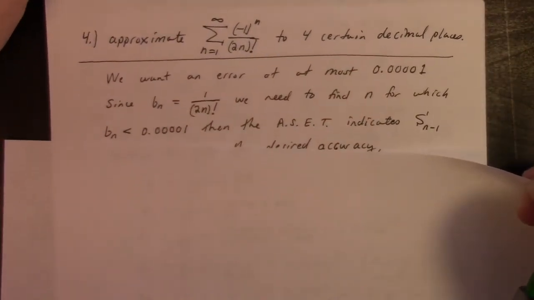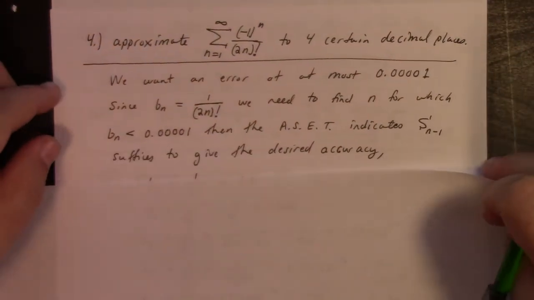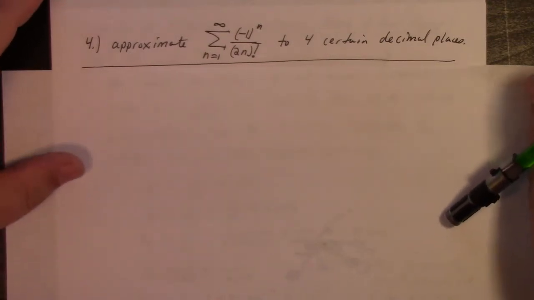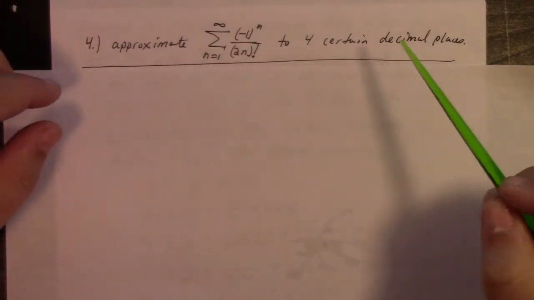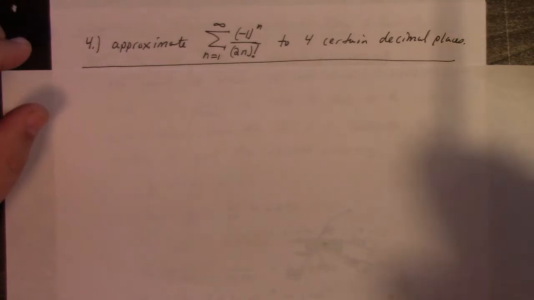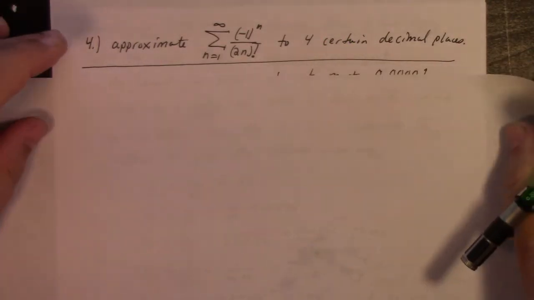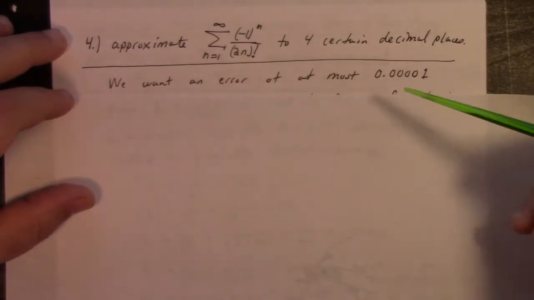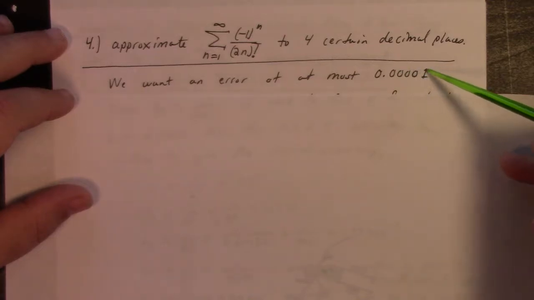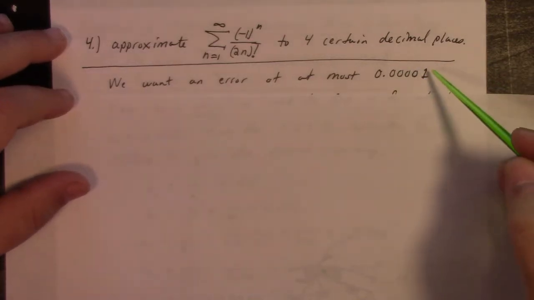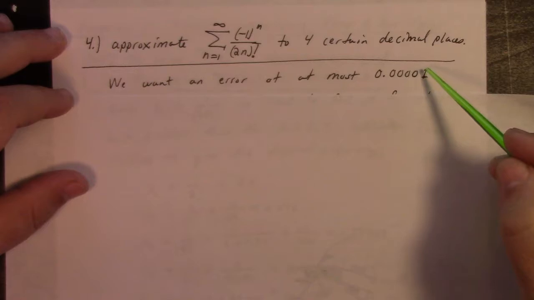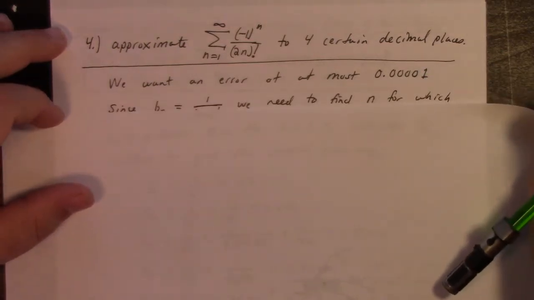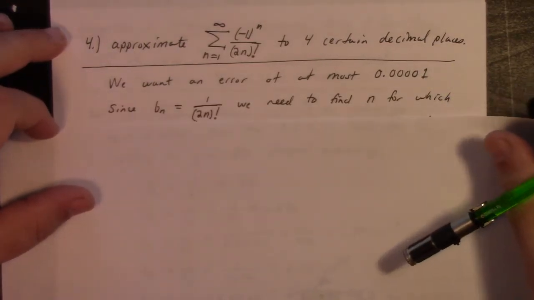Here's another approximation example. Suppose we wanted to approximate this alternating series to 4 decimal places. That means we want the error to be in the 5th decimal place. So that means we want an error of 0.0001 to be safe. I think you could get away with 0.0004, technically, but I'll make it 0.00001 just to be safe.